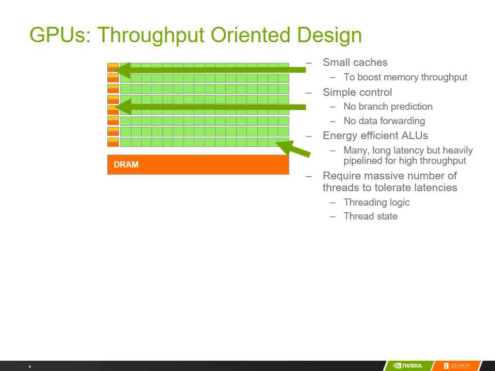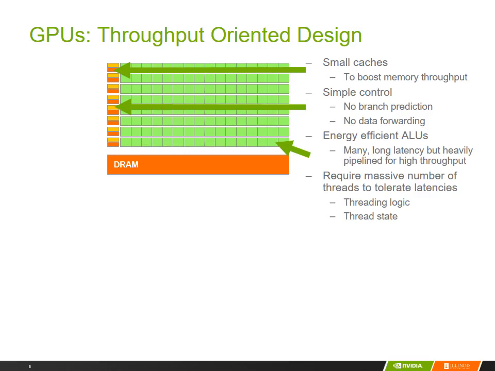But as a result of having smaller caches and simple control, the GPU chips tend to be able to accommodate a large number of small ALUs. These ALUs have fairly long operation latency but are heavily pipelined for high throughput. So we have many high throughput arithmetic pipelines that are all capable of producing results at the same time.